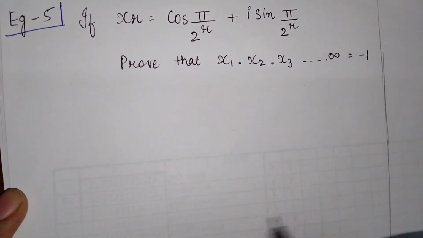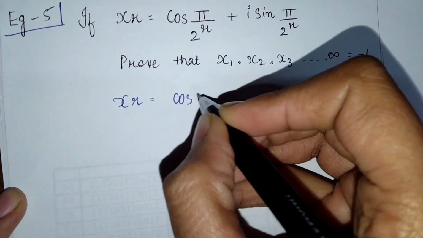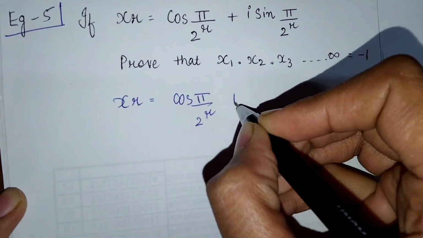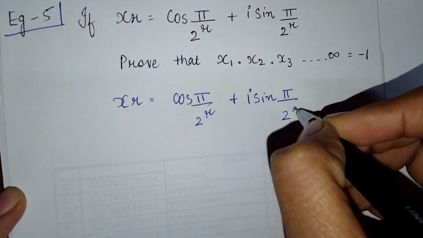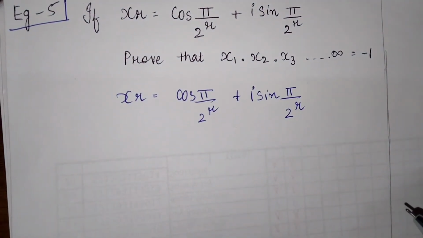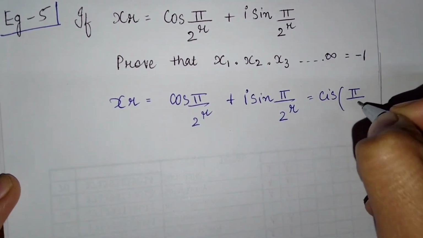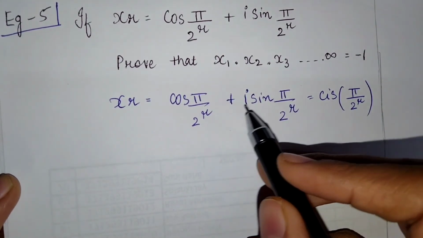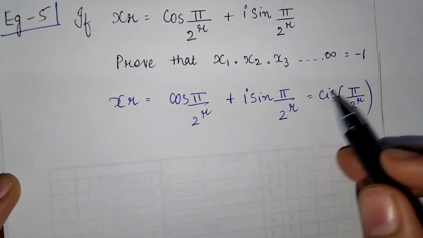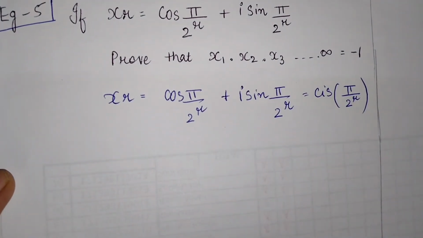First of all, x r is given, that is cos pi upon 2 raised to r plus i sin pi upon 2 raised to r. In short form, we can write it as cis pi upon 2 raised to r, because cis is equivalent to cos theta plus i sin theta. We have just written it in the short form.